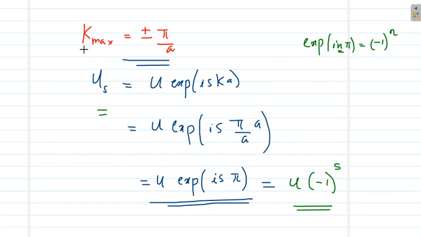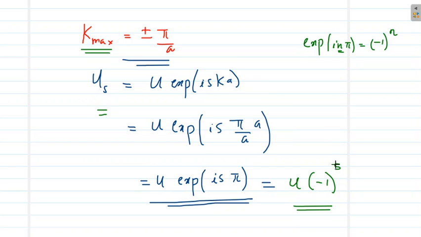So this is the case when the wave vector is plus or minus pi by a. We have the displacement of the s plane equal to u into minus 1 whole raised to s. So surely this is not an oscillating function. The alternate planes will oscillate in opposite phases because u_s is plus or minus 1 depending on whether s is an odd or even integer.